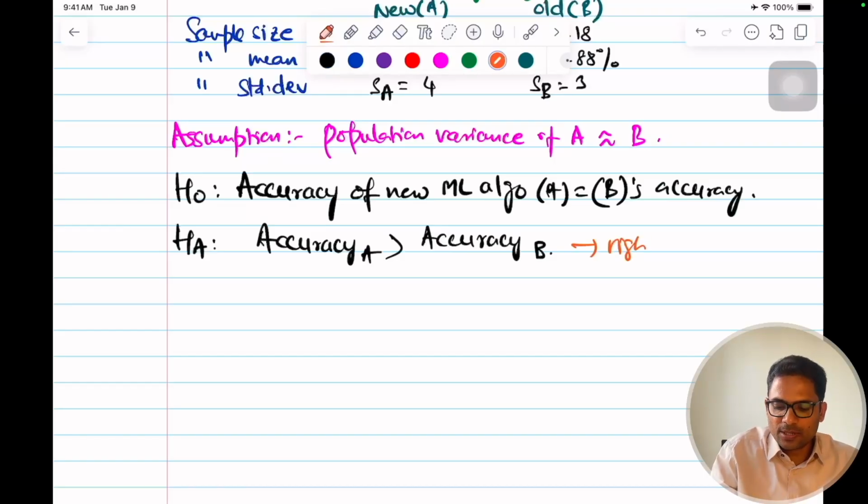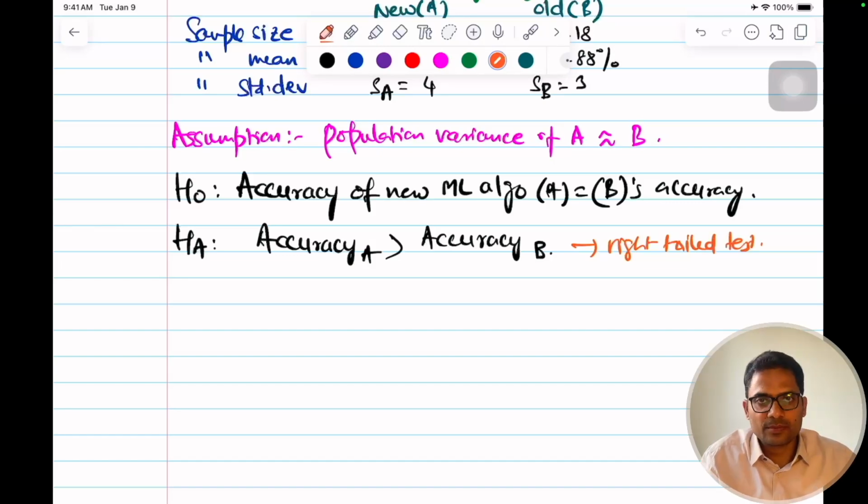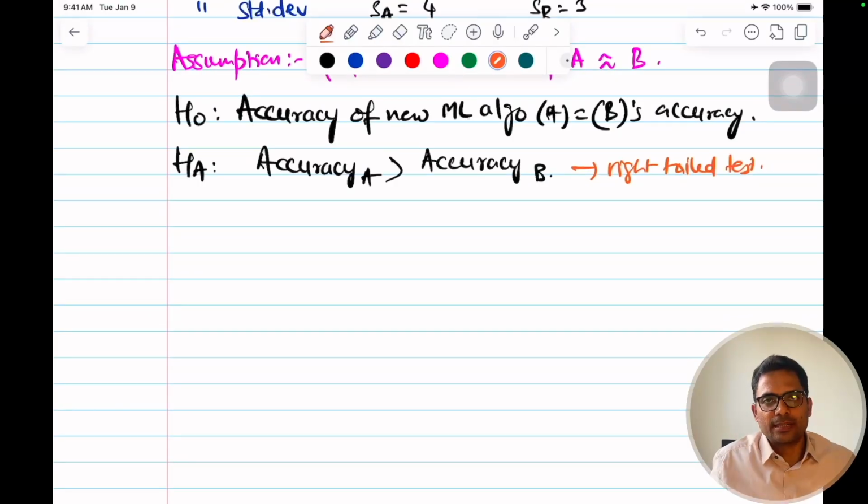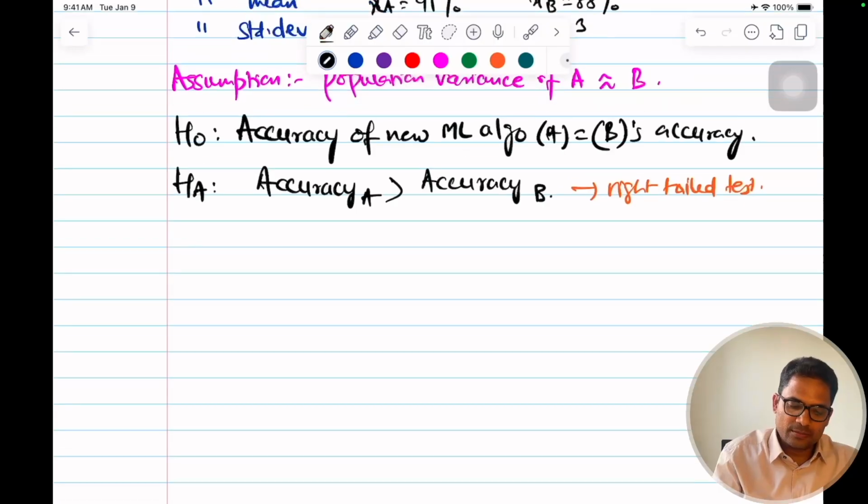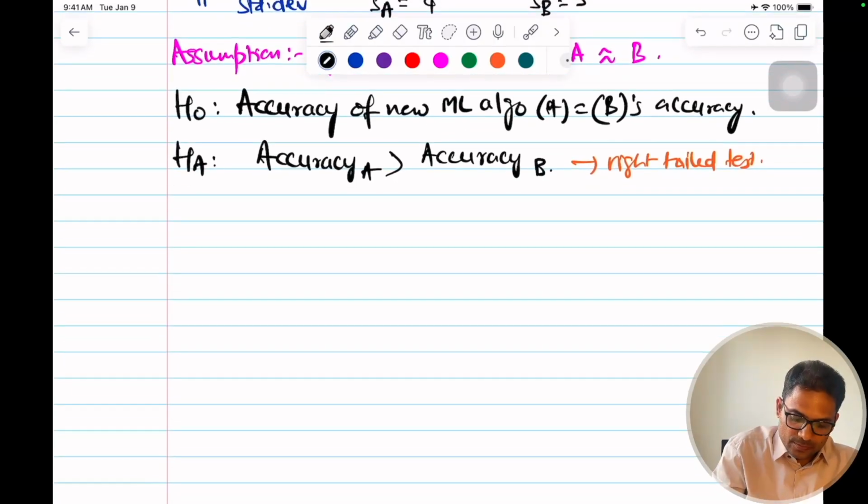I'm using the simple right tail test to give you the intuition: if it is less, you go to the left tail test, and if it is not equal, you do two-sided. So let's compute the pooled variance S square P.